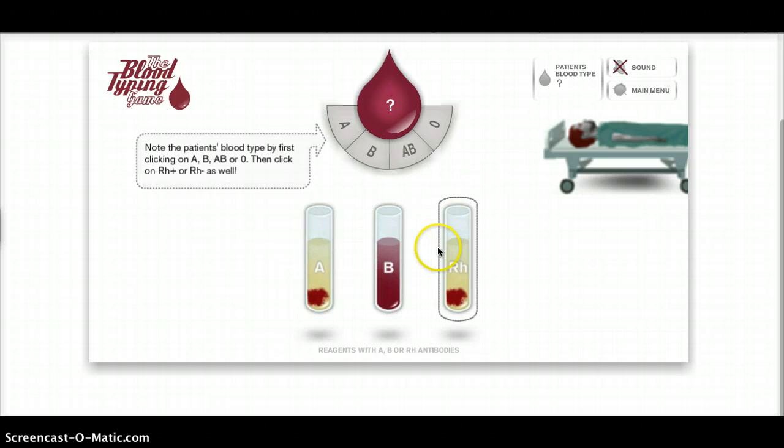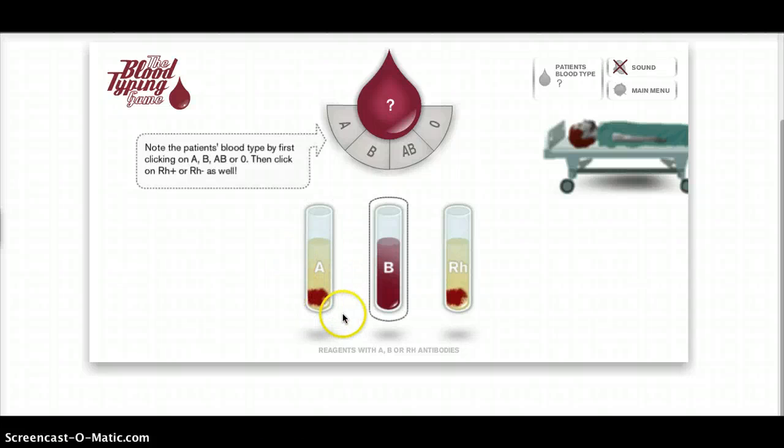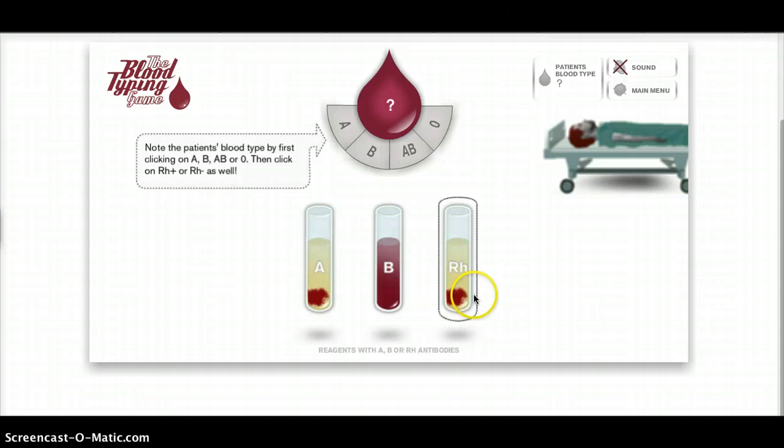They will look for the reactions between the patient's antigens in their blood and the antibodies that are in these test tubes. In test tube A, containing the A antibody, and this one containing the Rh antibody, there has been a reaction as seen by the clumping of blood. But in this middle test tube, there's not been a reaction.